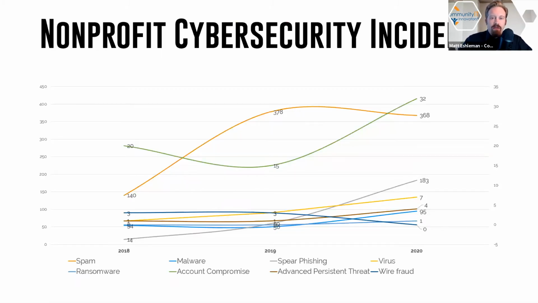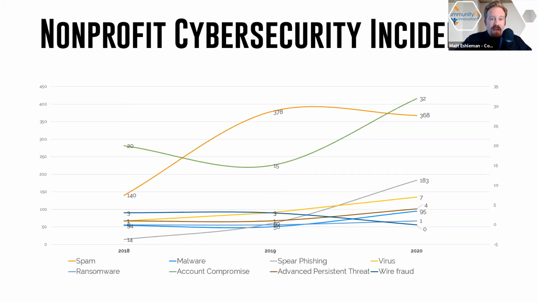And we draw that from what we've put out for the past 3 years, which is our nonprofit cybersecurity incident report. This is a report we've developed because, as a managed service provider, we support over 140 different organizations and over 5,000 users. So we get a lot of information through our help desk about the types of attacks nonprofits are facing.